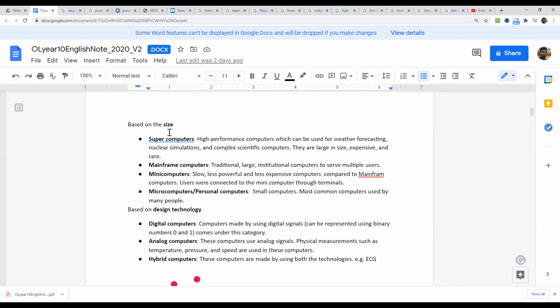They will have a network environment with a lot of processors in it, which we call supercomputers. They are used for very complex applications such as weather forecasting, nuclear simulations, scientific computing, and so on. And they are large in size, expensive, and very rare, right?